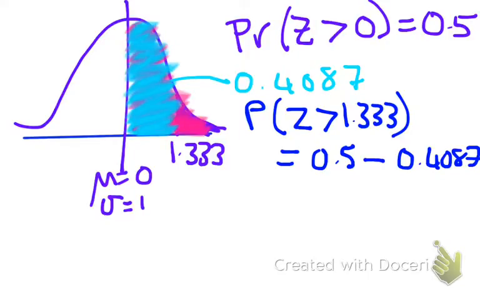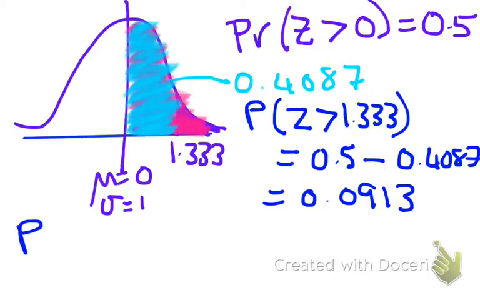Okay, so then we can see we've got that tiny little wee tail piece left over, and that's what we're trying to find. And so when I subtract those two numbers, that will give us a value of 0.0913. So this probability for our z distribution is an equivalent probability on our x distribution.